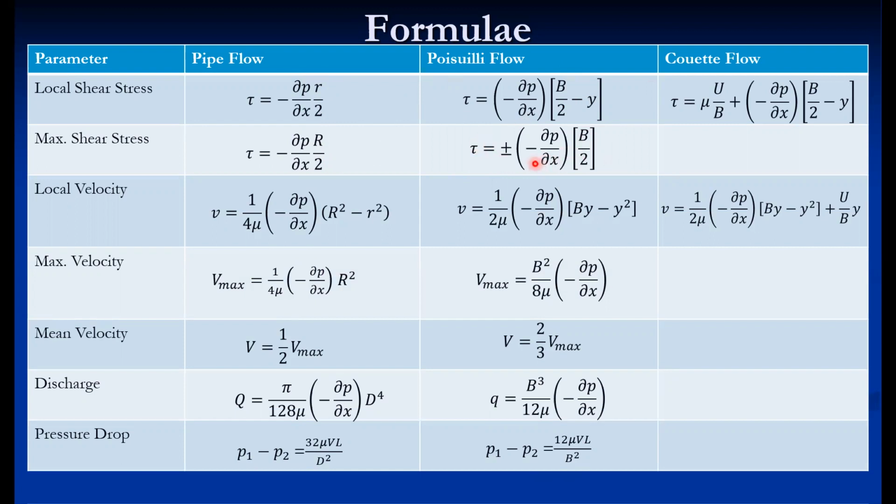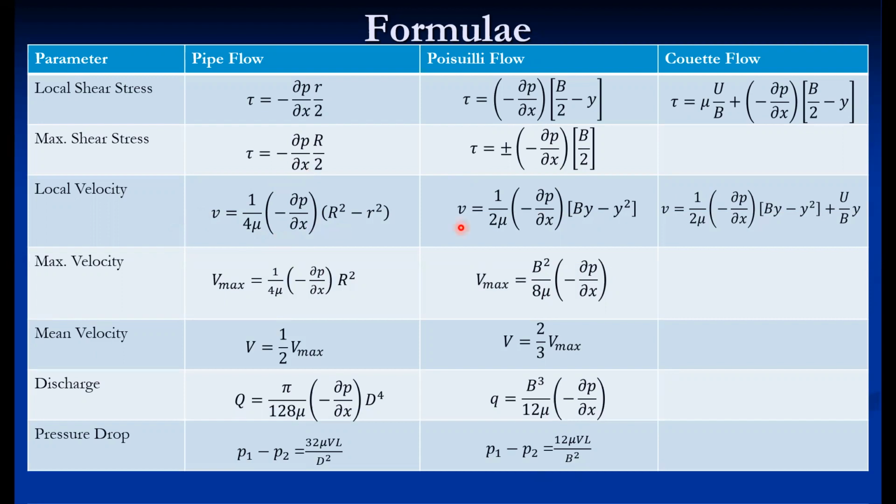At the lower boundary it is a positive value, and at the upper boundary it is a negative value. So it's only b by 2. So these are the maximum shear stress. No need to memorize this. If we memorize the local shear stress expression, we can derive it from this.